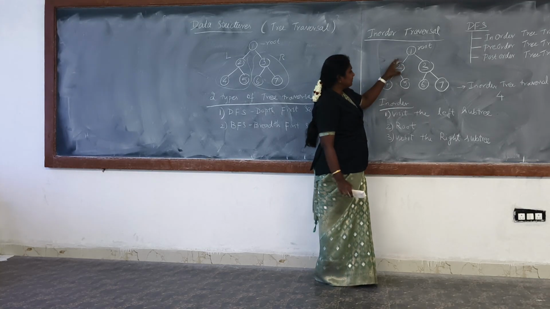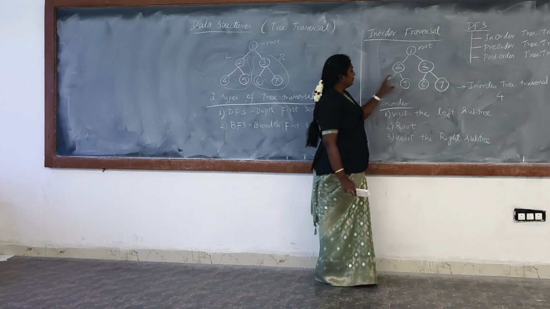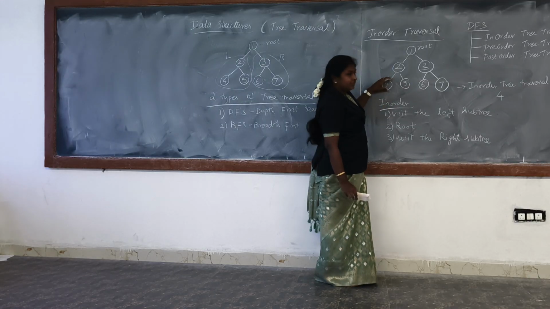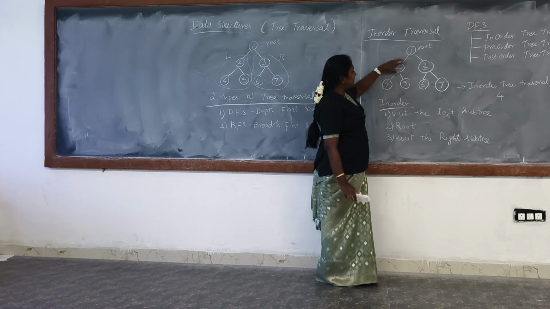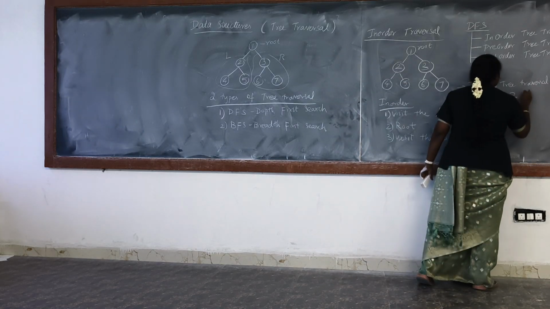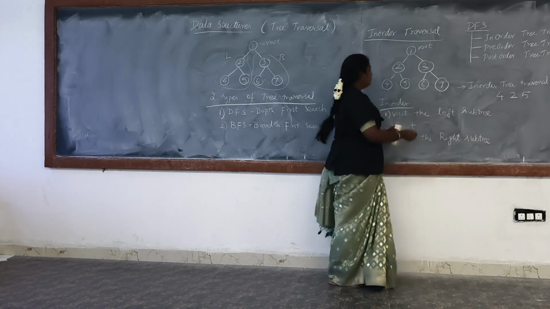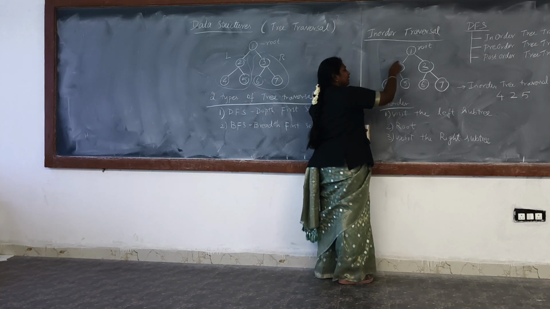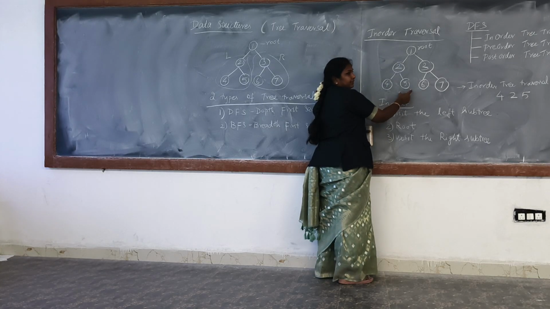So this is the parent and these are child nodes 4 and 5. So it visits the left subtree, that is 4, and parent 2, and then right subtree 5. So 2 and 5. Now I have visited 4, left, root, right.